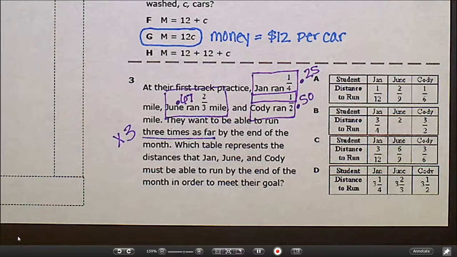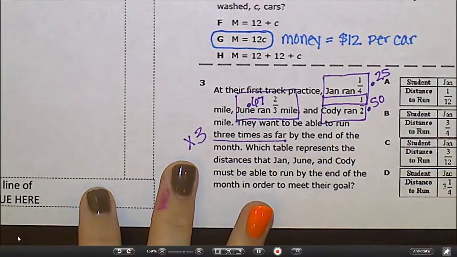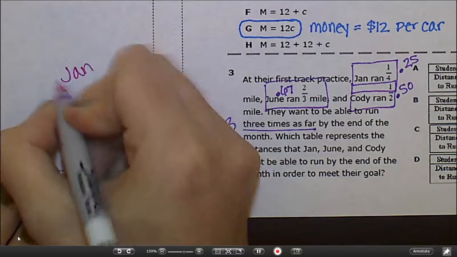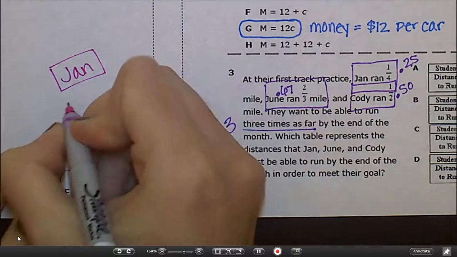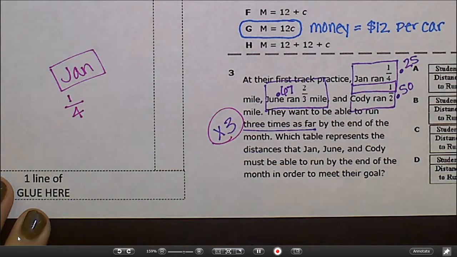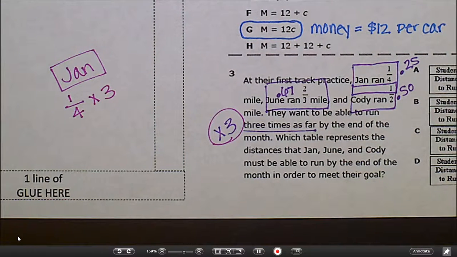Another choice is to go ahead and just multiply out these fractions, and that's what I'm going to show you here with Jan. I'm going to scoot this over just a little bit and do my work for Jan over here. Jan originally ran 1/4 of a mile, and I want to multiply this times 3. She wants to be able to run 3 times as far. The first thing we need to do is change mixed numbers to improper fractions and put whole numbers over 1.